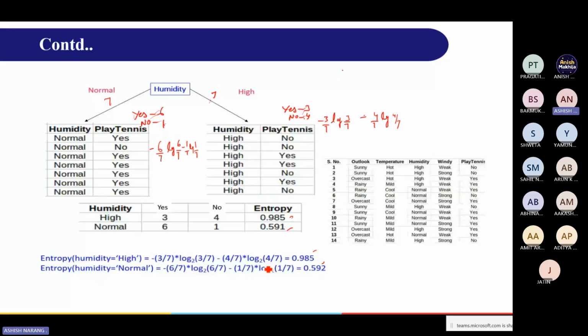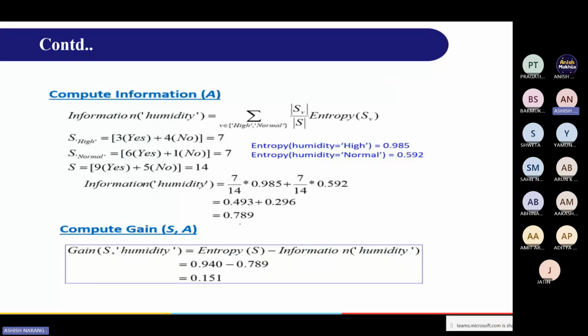Next step is the weighted average: 7 by 14 into 0.985 plus 7 by 14 into 1. So basically half of them. If I do it this way, I get 0.789. Source 0.940 minus 0.789 is 0.151, the information gain if I take humidity.